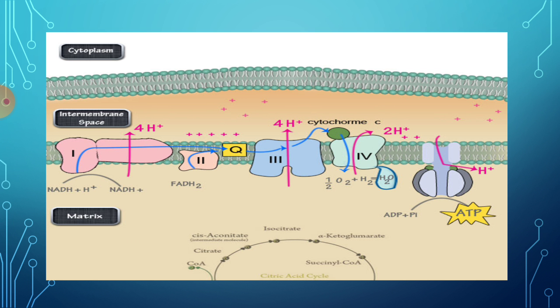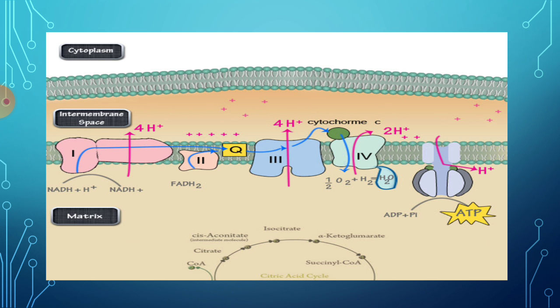Thus, the reduced forms NADH2 and FADH2 are oxidized into NAD and FAD respectively, so that 2 electrons are released, they are transported through complexes, and finally they are given to oxygen. Meanwhile, proton motive force is developed, so protons are transported through these complexes from the mitochondrial matrix to the perichondrial space.